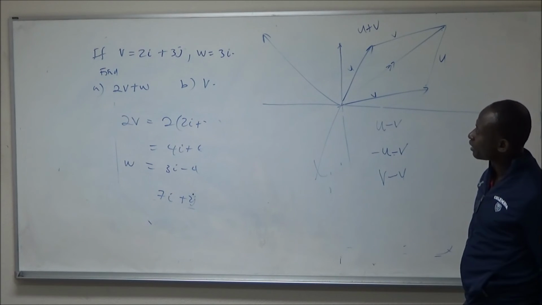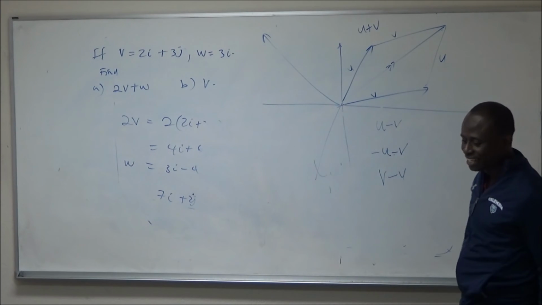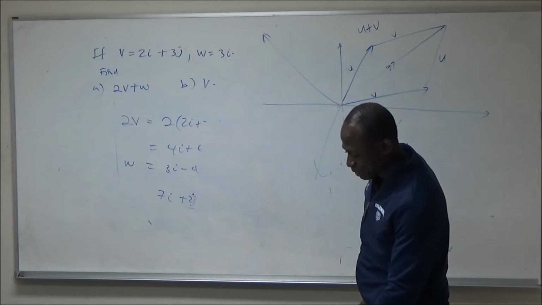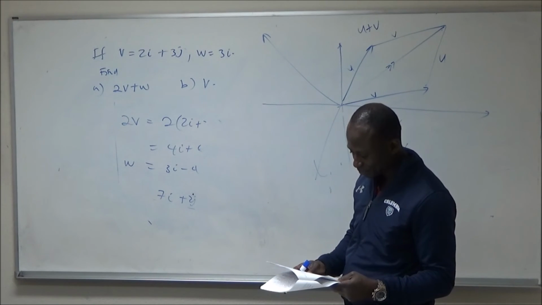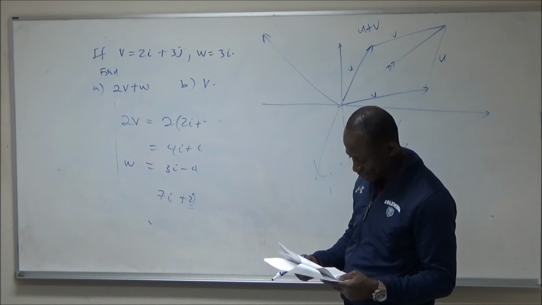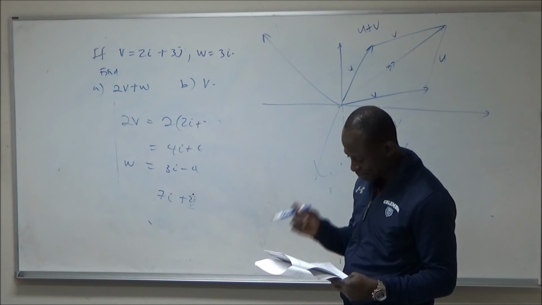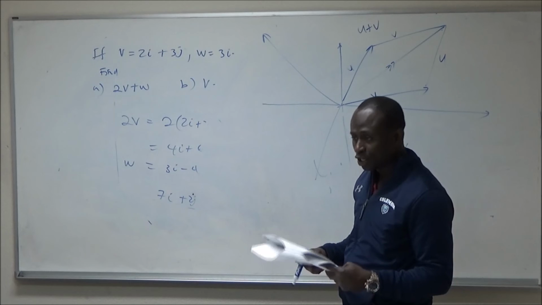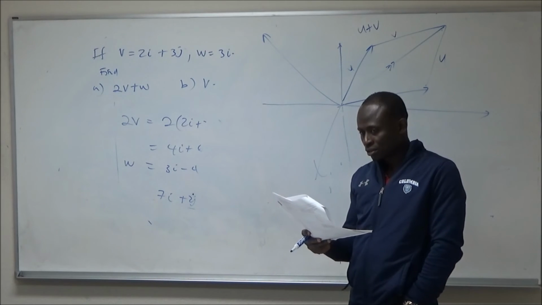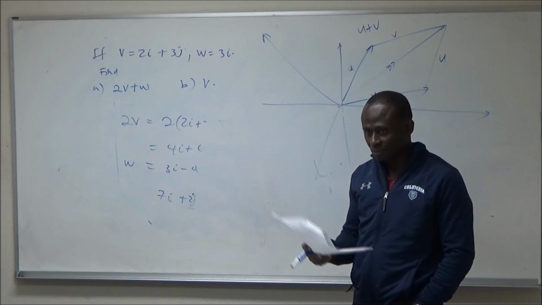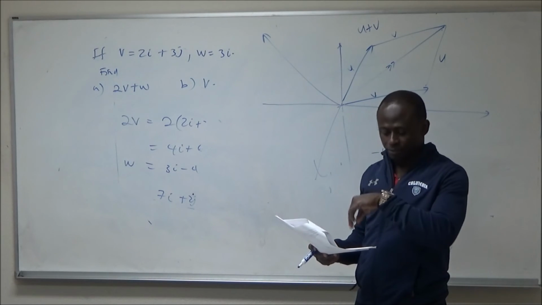Do you want to do a real life problem? Okay. This is a bit tricky, but we'll see. It says, write this down. Two forces. Yeah, write this down. I didn't print this for you guys.